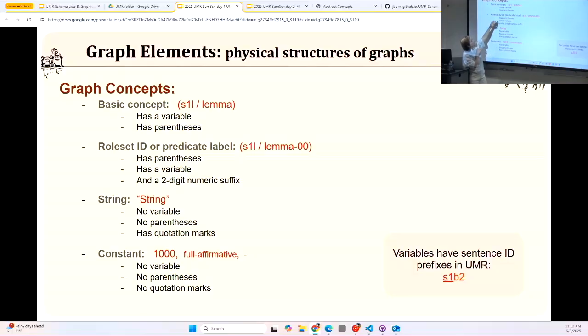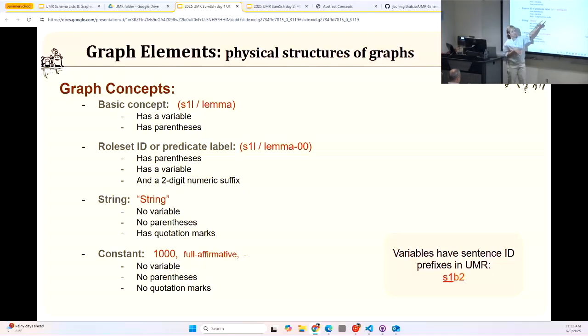Role set ID or predicate label if you don't have role sets. So that's a stage 1 term, that's a stage 2 term, stage 0. It's like a basic concept except it has a 2-digit or maybe 3-digit suffix on the end. If you don't have the role sets, use a -00.